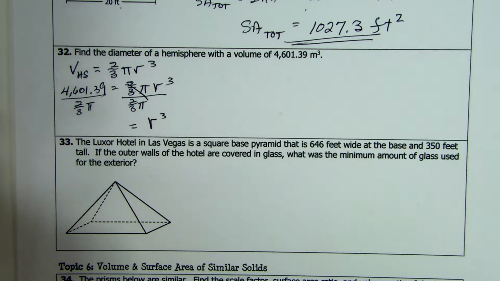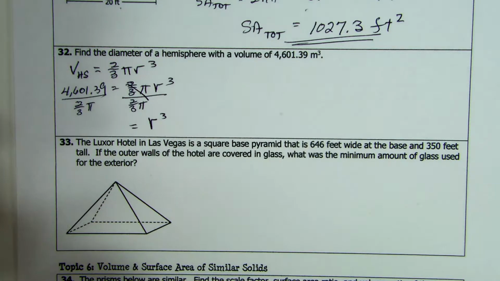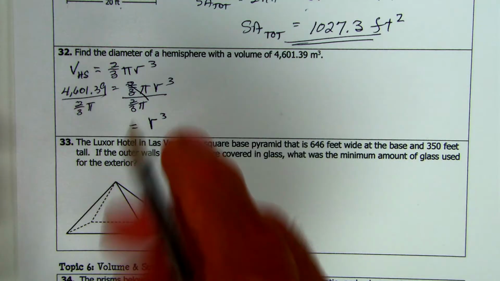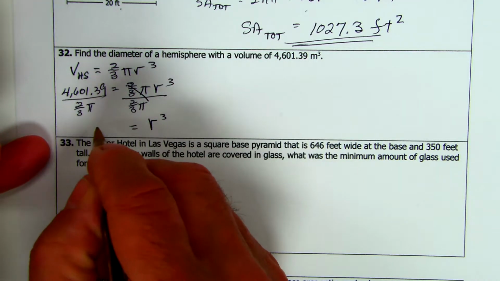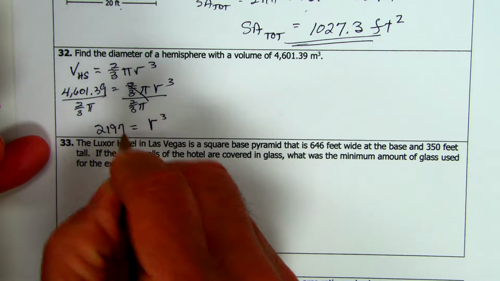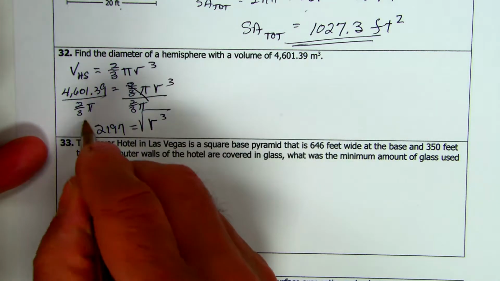So I'm going to take 4,601.39, and I'm going to divide it by 2.0944. And that's going to give me 2197.